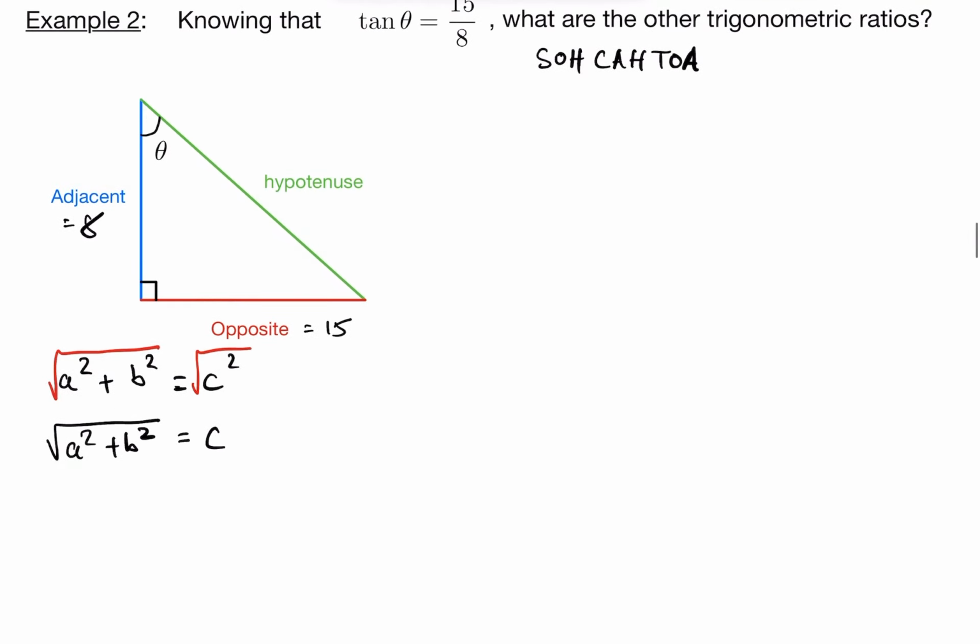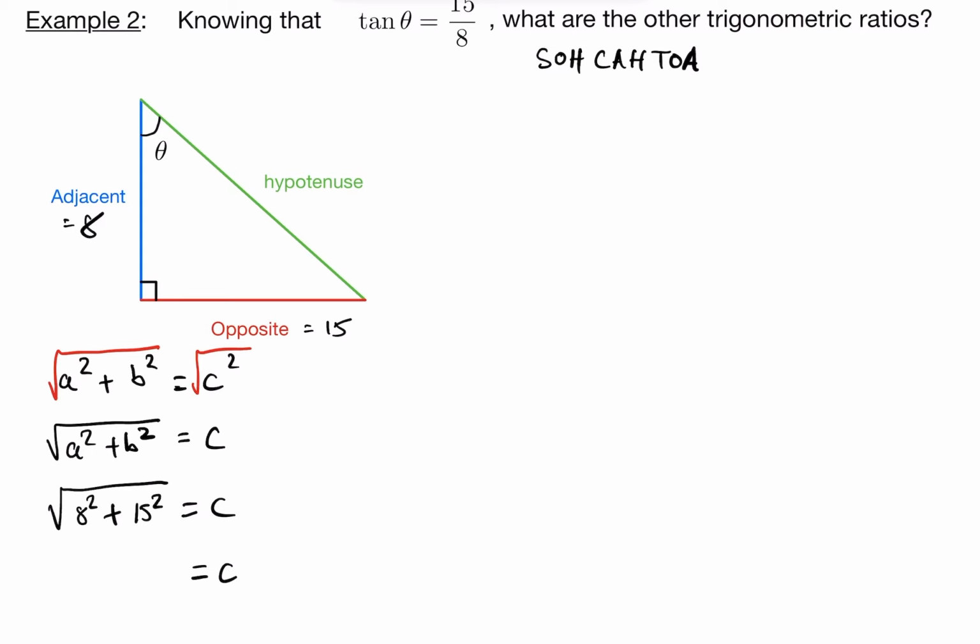Okay, well, what is a squared? Let's call this a. This is going to be 8 squared plus, my b is going to be 15. So we're going to square 15. And we see that that is equal to c. And therefore c is going to be the square root of, let's see, 8 squared is 64 and 15 squared is 225.